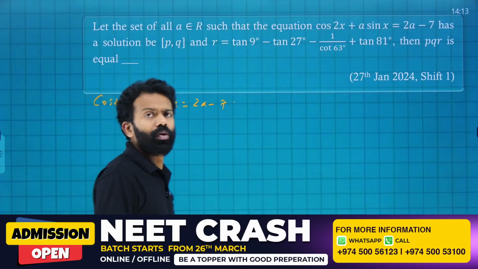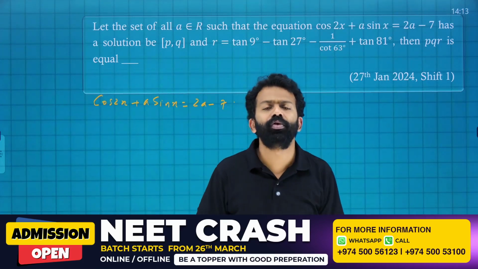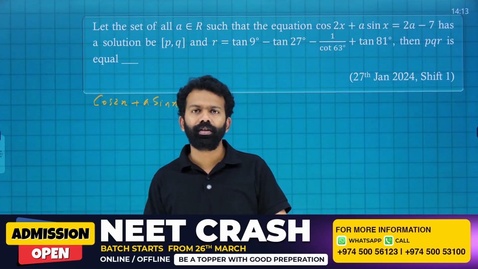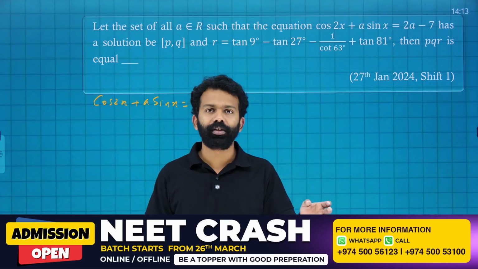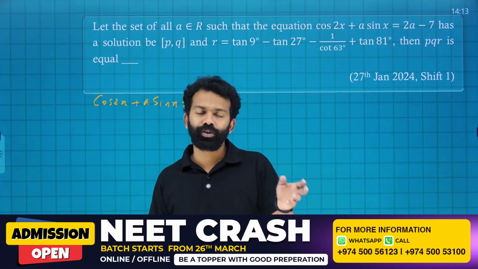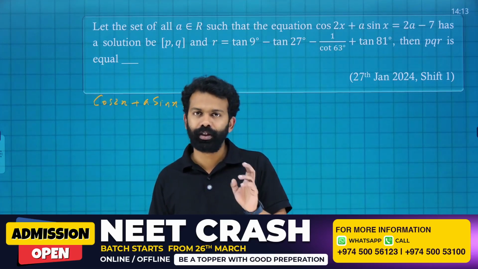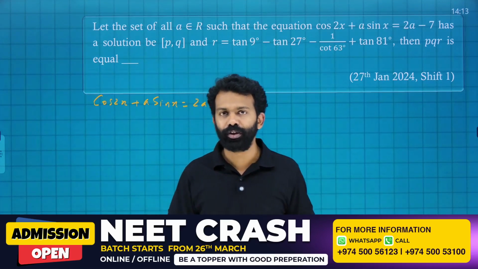So how will you convert cos 2x in terms of sin x? Is there any formula for converting cos 2x to sin x? There is a formula actually. Cos 2x has 3 formulas: cos square x minus sin square x, 2 cos square x minus 1, and 1 minus 2 sin square x. That is the formula which we need to use here.